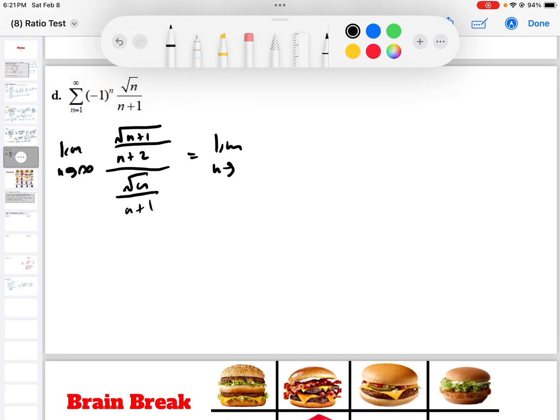The limit as n goes to infinity of n plus 2 over n plus 1 times the square root of n over the square root of n plus 1.